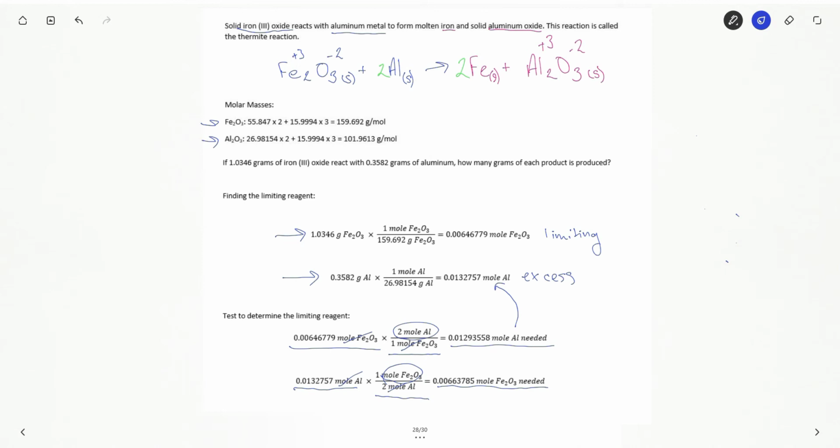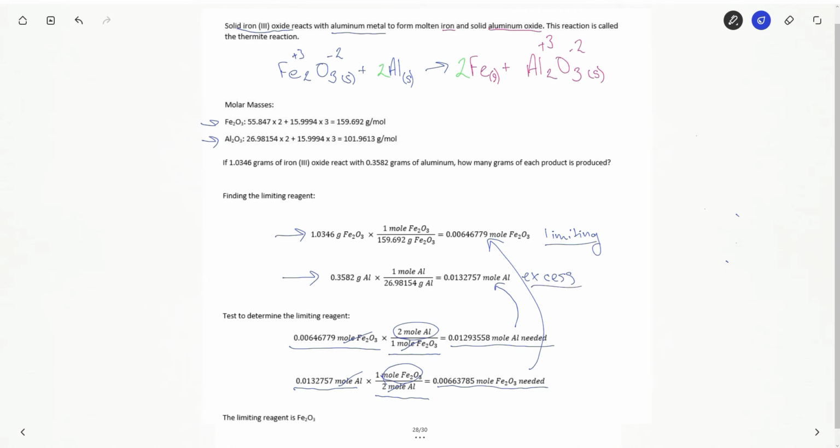Okay, so that's how many moles I need. How many moles do I actually have? You can see I only have 0.0064 moles of iron oxide. I do not have enough. This is going to limit me. So again, my iron oxide is my limiting reagent, which means my aluminum is in excess.